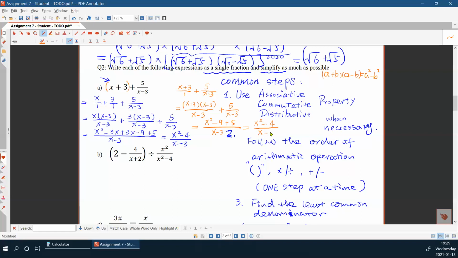Then this one over x minus 3. Okay, you can either leave it here or rewrite it in this way. It doesn't matter because it cannot factor anymore, okay? So this one and this one are both okay, right?